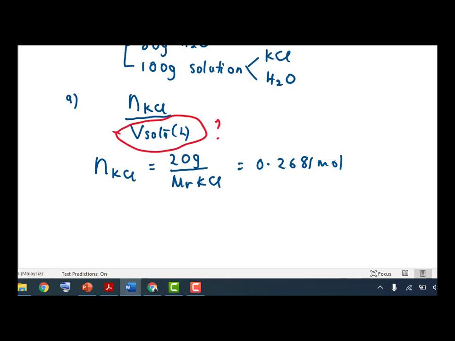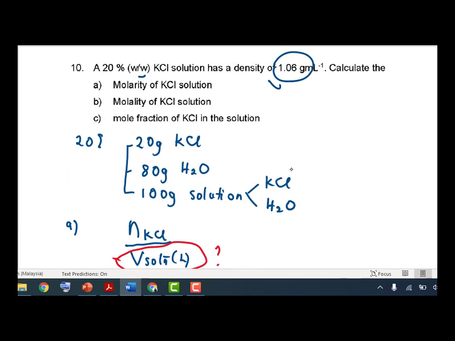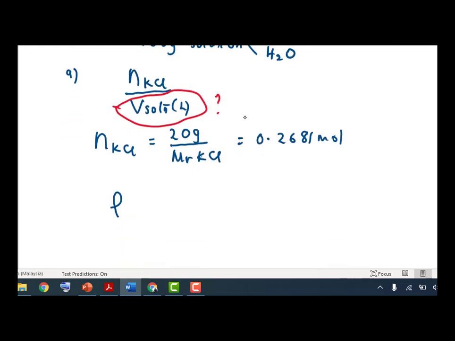Then, next, how to determine the volume of solution? The volume of solution is determined from the density. You are given in the question the density is 1.06 gram per mil. Okay, so density of solution equals mass of solution divided by volume of solution.